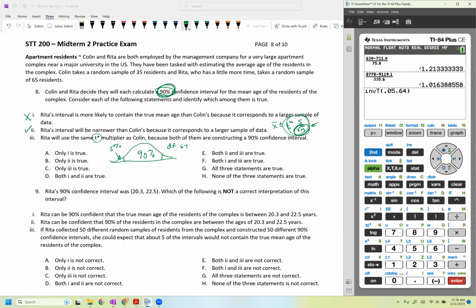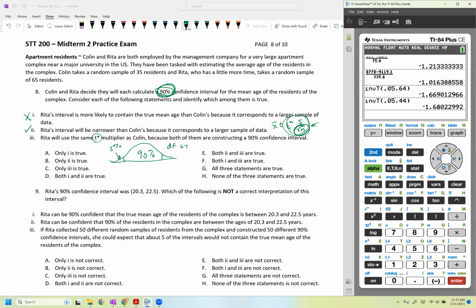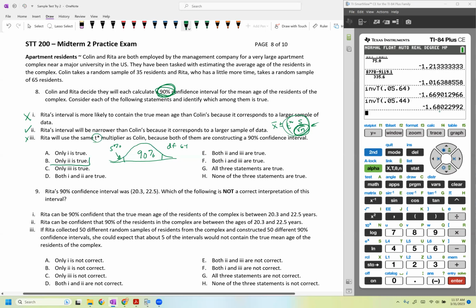And so her T star value is negative 1.66, whereas Colin's has 44 degrees of freedom. And with 44 degrees of freedom, you're going to see a slightly larger T star value. So it is not true that Rita's T star value is the same. So it looks like the only answer that's correct is Roman numeral 2.